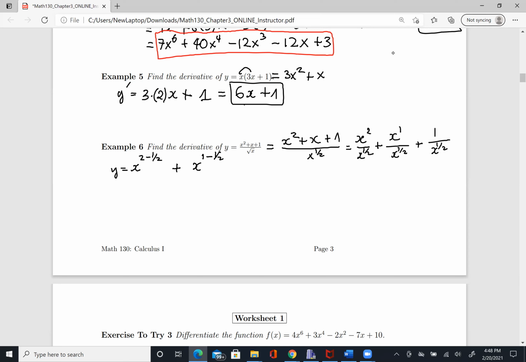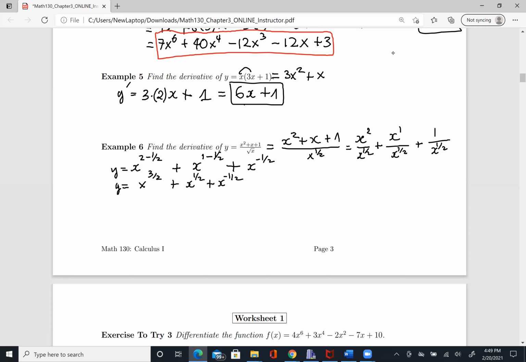And then the last term will change to be x to power negative 1/2. So far, so good. And if you want to simplify it, you have y equal to x to power 3/2 for the first term, then x power 1/2 for the second, and x power negative 1/2 again for the last term.